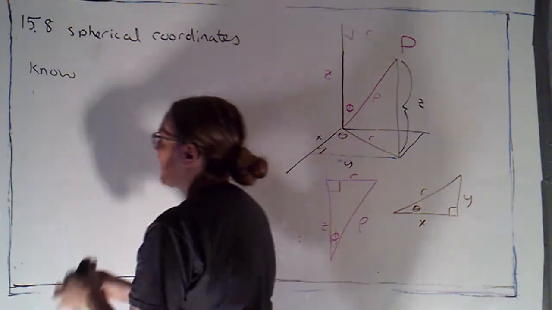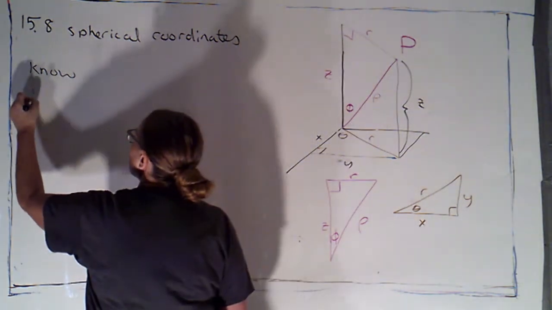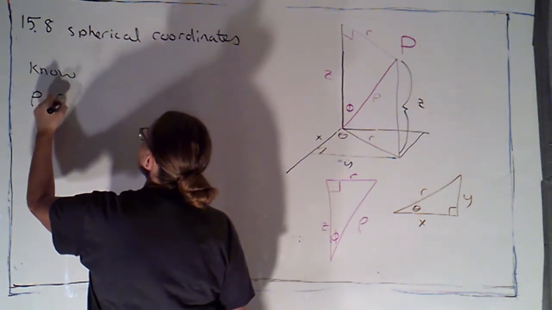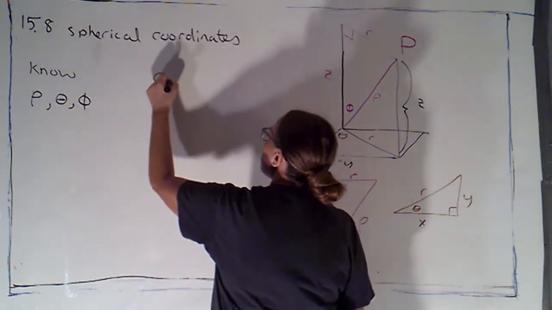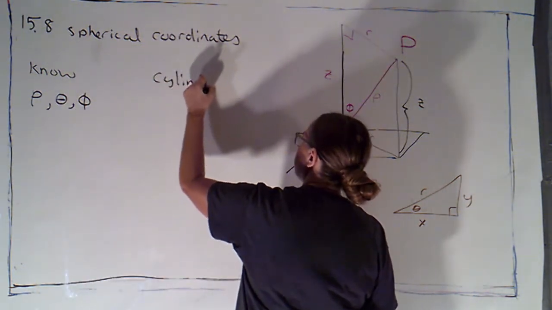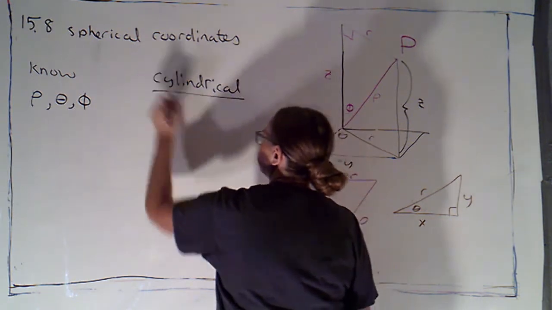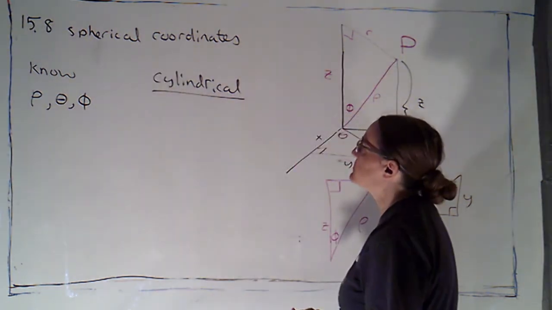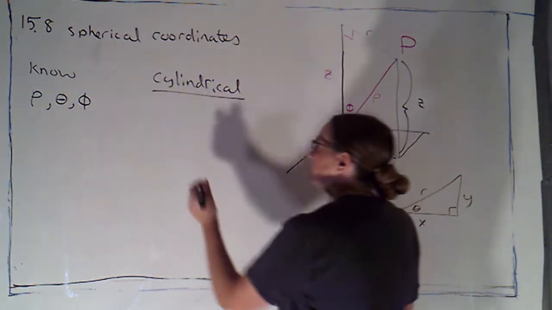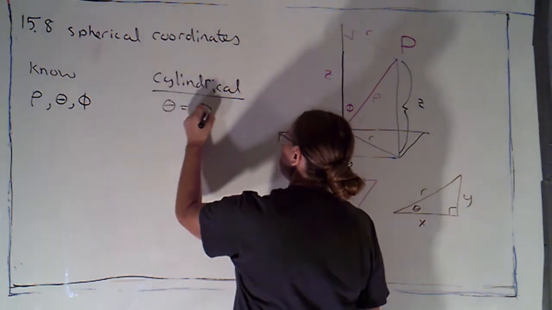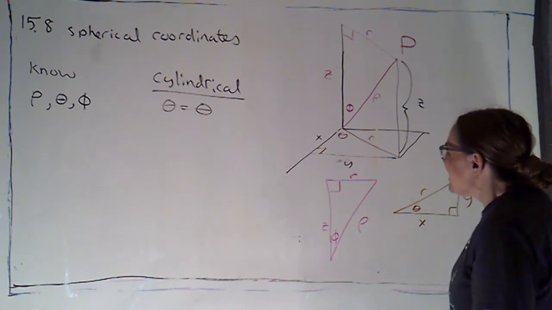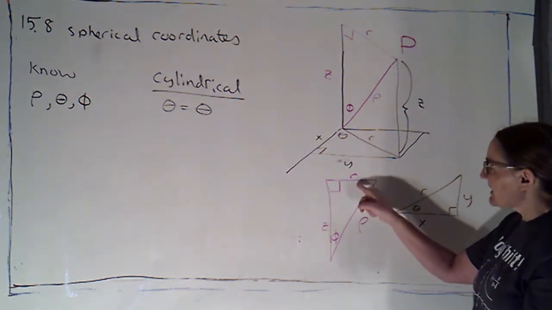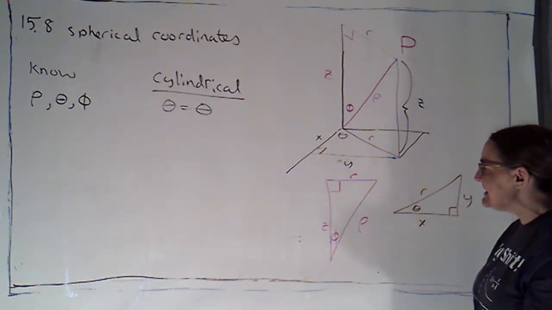Let's suppose that I know rho, theta, and phi, and I want to get my cylindrical coordinates. Okay, well, theta is theta. That was fairly simple. Okay, so now I want to try to get r and z here.